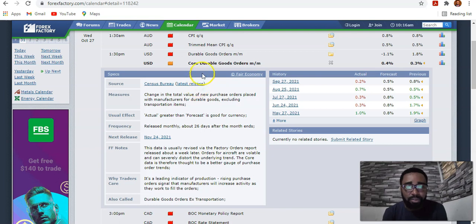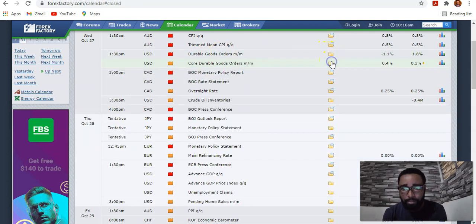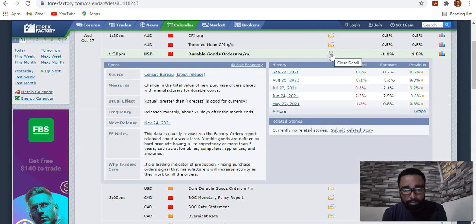So if this news excludes transportation and this one covers everything, you remember what was written there? It says change in the total value of new purchase orders placed with manufacturers. So it includes transportation.